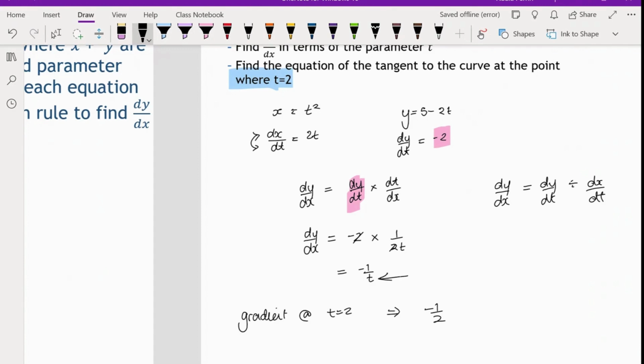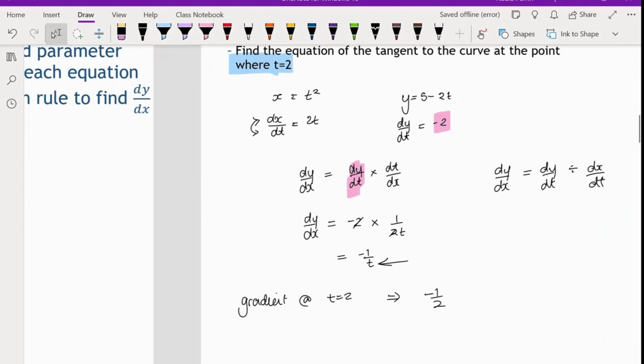And then if we want to find out a point to help us find the equation, we will put t equals 2 into this one and this one. So when we put 2 in here, 2 squared is 4. And when we put 2 in here, we've got 5 minus 4, so 1.